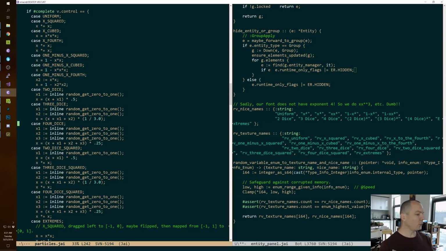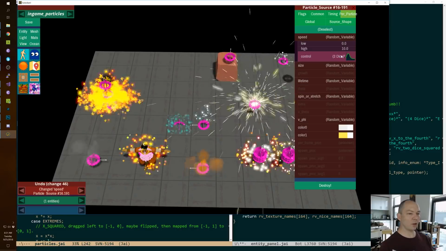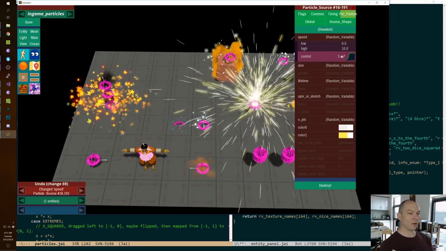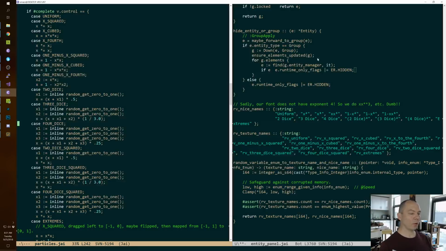Now, I was thinking that because I haven't actually done the math on what some of these things are, some of these shapes may not be as interesting as we want them to. So like 3 dice squared versus 4 dice squared, those may not be different enough to care.